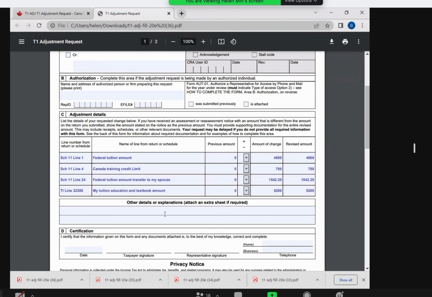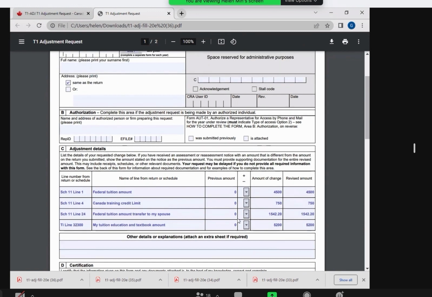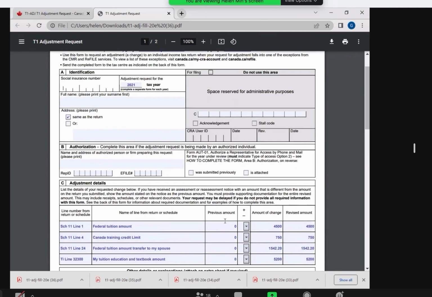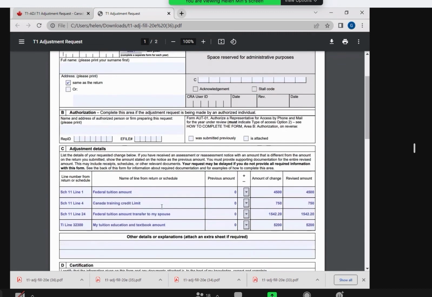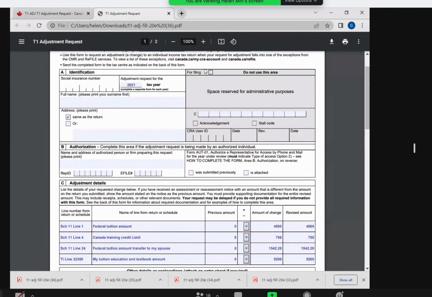Yes, understand, ma'am. If you don't know how to do it, you just take a picture, take a screenshot for your reference. So like I said, that's the T1 adjustment.